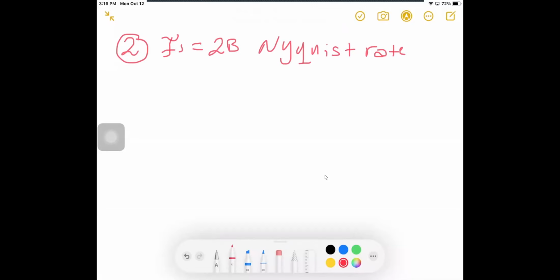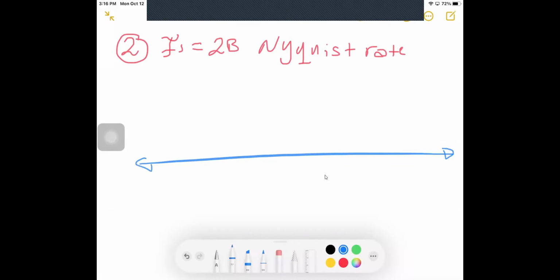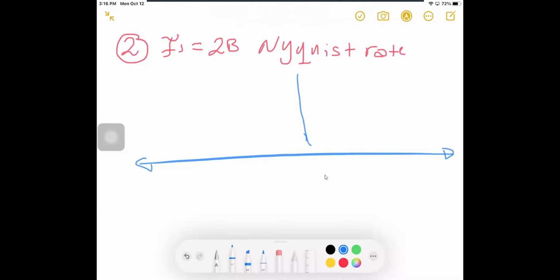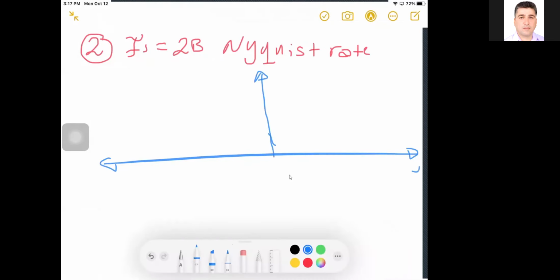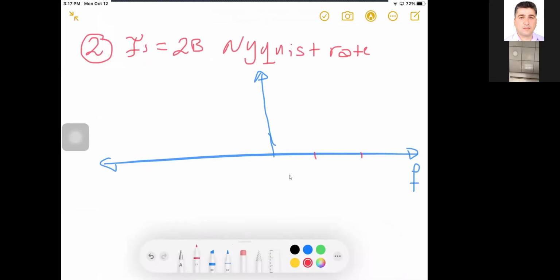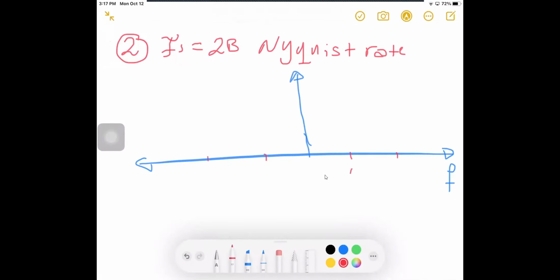Now, again, I'm going to redraw the spectrum for y of f when fs equals exactly 2b. Again, this will be the f-axis. Let us put ticks for fs: fs, 2fs, minus fs, and minus 2fs.